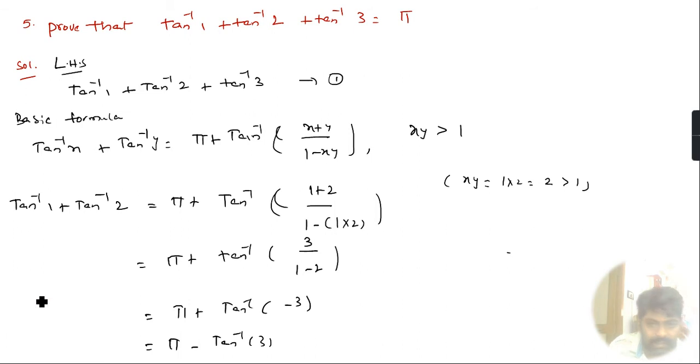So tan inverse of minus 3, that is, tan inverse of minus x can be written as minus tan inverse of x. So we get pi minus tan inverse 3, and this is taken as 2.